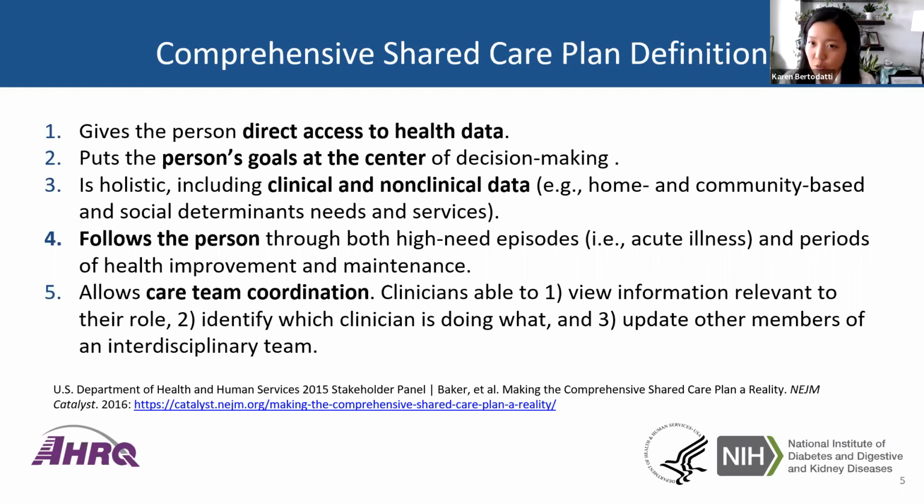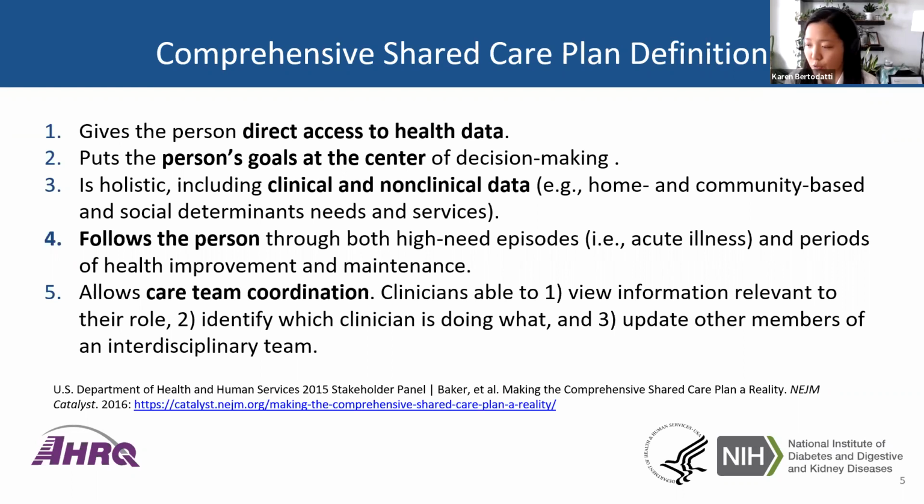It is holistic, which means that it includes clinical data as well as data from across all these various different settings. So home, community-based, social determinant needs and services. It follows the data through both the acute high need episodes, as well as periods in between for health improvement and maintenance, which is very important for the population of multiple chronic conditions.